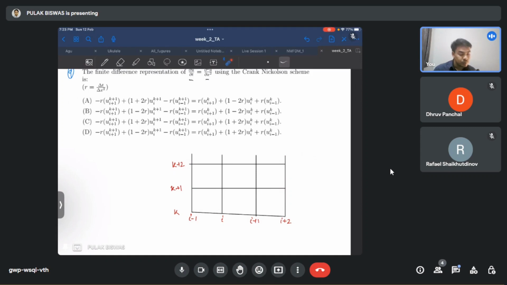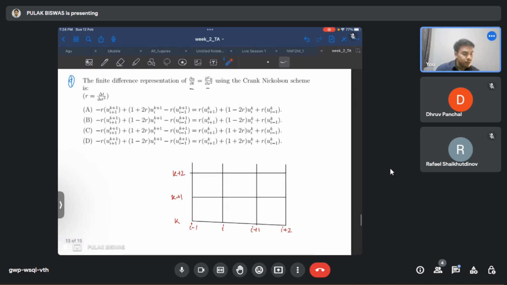And for implicit, you are constructing one vector of values corresponding to this multiplied by some matrix, and you will be getting values there. But in Crank Nicholson, with this spatial term, we take the average of the two schemes.